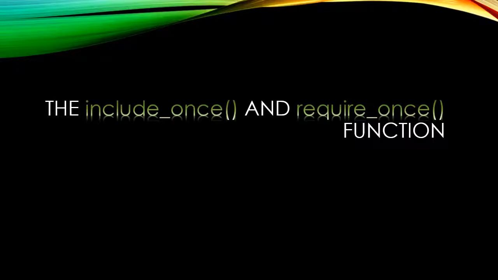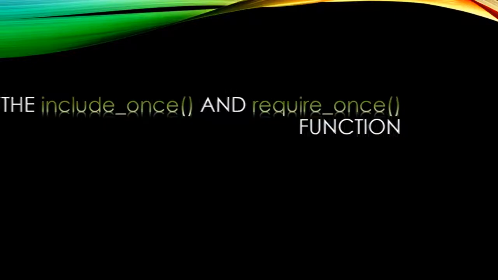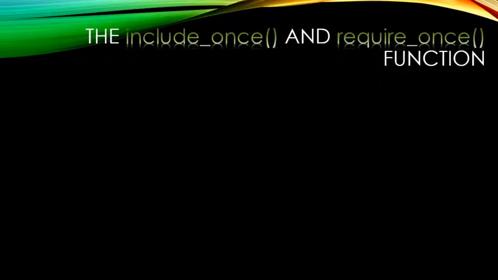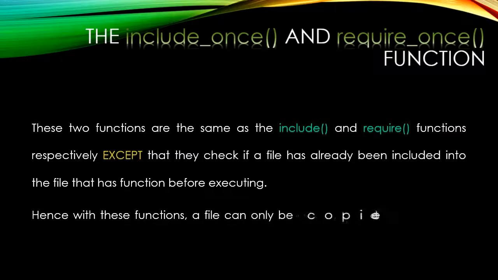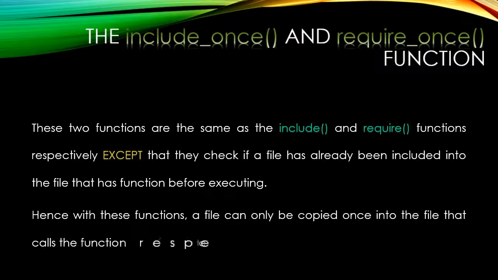Now let us look at what these functions are. These two functions are the same as the include and the require functions respectively, except that they check if a file has already been included into the file that has this function before executing. Hence, with these functions, a file can only be copied once into the file that calls the function.